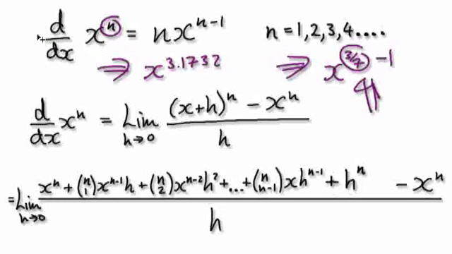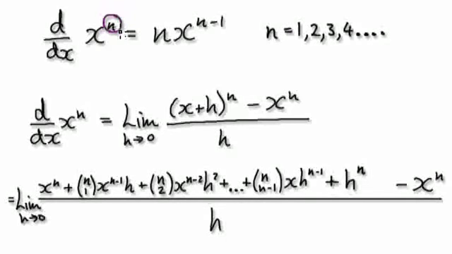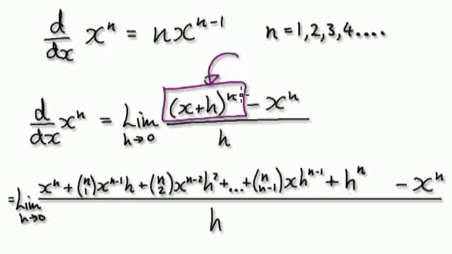It only explains when n is a positive whole number. Okay, and the reason for that is because of this here. When we try to expand this, the binomial expansion only works when n is a positive whole number. So in the case of minus 3, the binomial expansion will not explain the case of x to the power of minus 3.